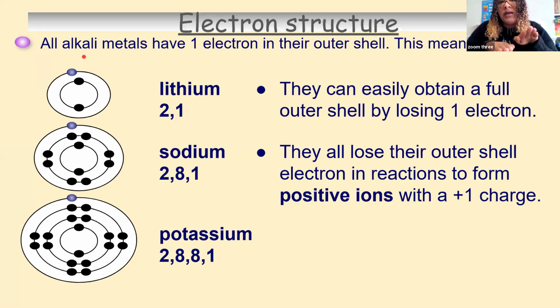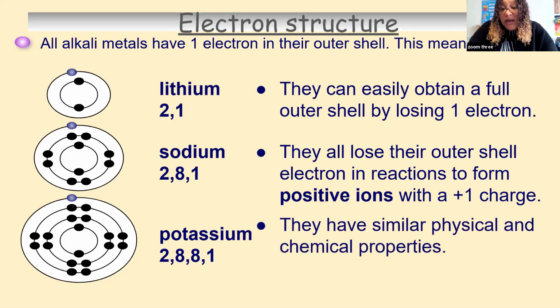Think about old-fashioned weighing scales or a balance, where you put a lump of mass on one side and a lump on the other and they balance out. Think about that in terms of our protons and our electrons. They balance each other out. If you take away 1 electron, there's 1 more proton than there are electrons, so they become positively charged. So our group 1 metals form positive ions with a positive 1 charge. The loss of 1 electron gives you a positive 1 charge.